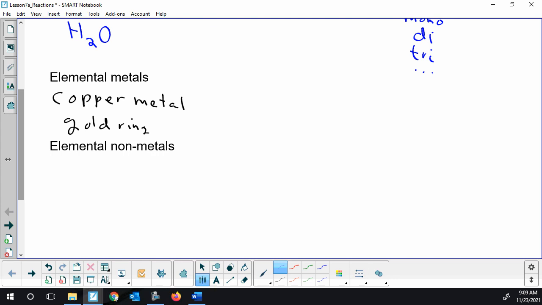All elemental metals are going to come in one and be a solid. So if you have copper metal, Cu, solid, or a gold ring, gold is Au, and that's going to be a solid, and it's just one of them.